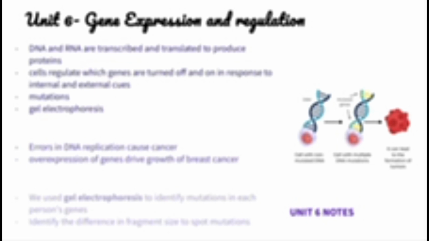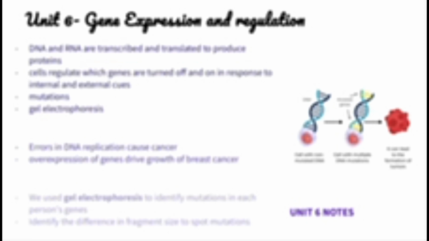This unit in general is about how gene expression involves the process of transcription, where DNA is transcribed to form RNA, and translation, where RNA is translated to form proteins, and how the information from a gene is used to synthesize proteins.